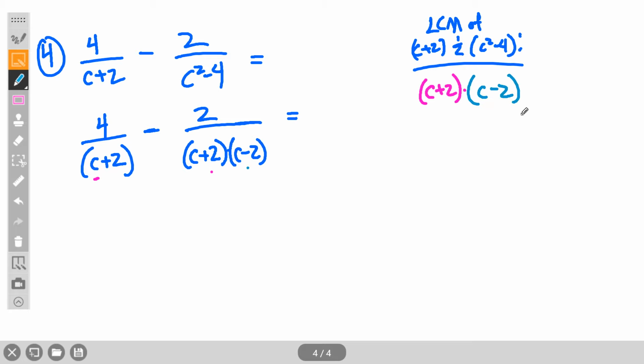So the LCM of c plus 2 and c squared minus 4 is c plus 2 times c minus 2, which is c squared minus 4. We'll multiply it back out at the end.